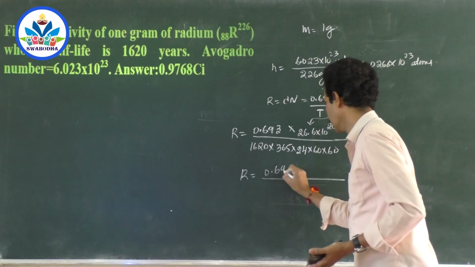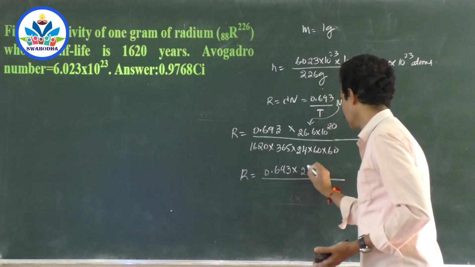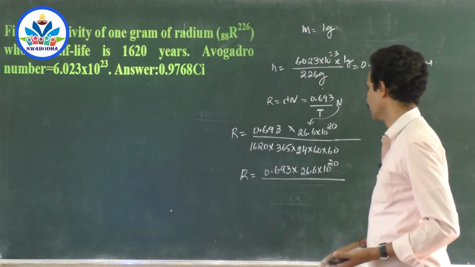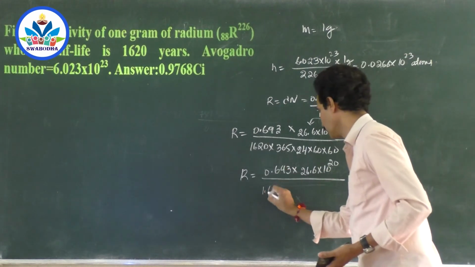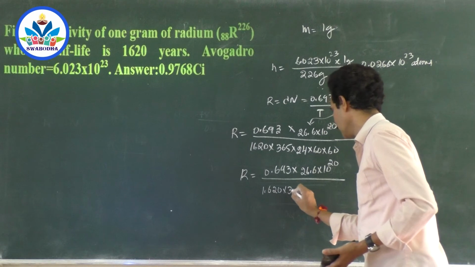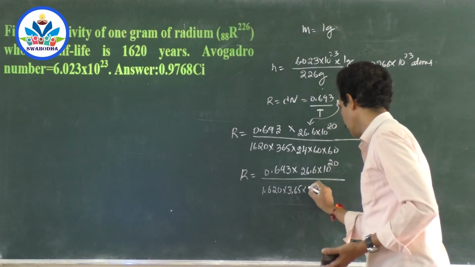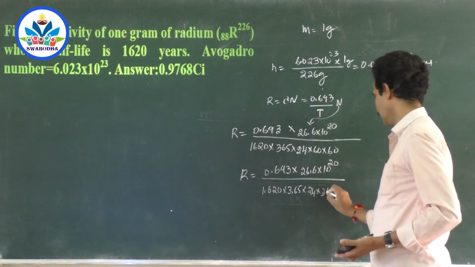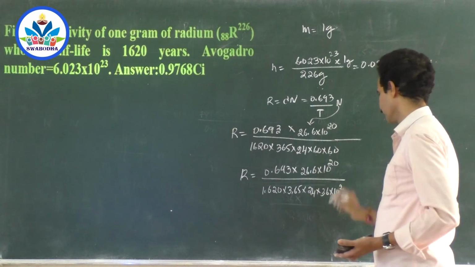0.693 into 26.6 into 10 to the power 20 divided by, I can write it as 1.620, 3.65 and 24, let it be like this. This 6 and 6, 36 and 10 to the power 2.